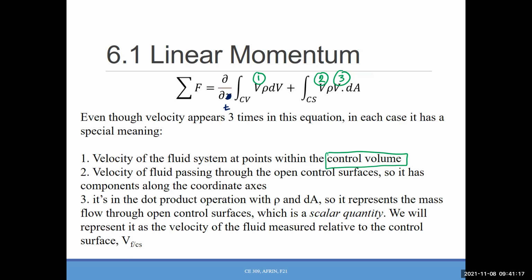Velocity of fluid passing through the control volume. So for number 2, this is the velocity at which, like, you came to the class and jumped out of the window. It can be perpendicular to the surface, or at different angles. That's why it has components, so it can be Vx, Vy, Vz. It can have three different components.